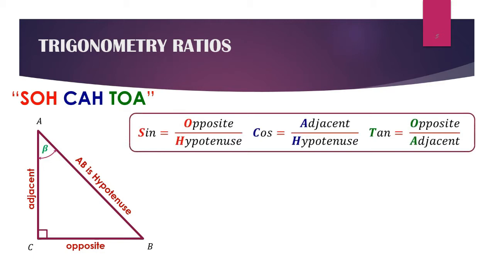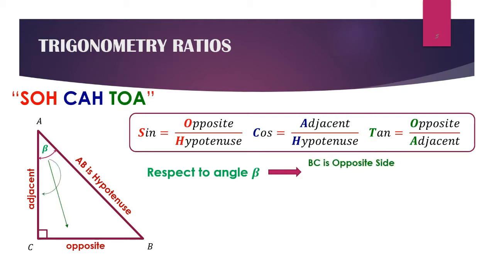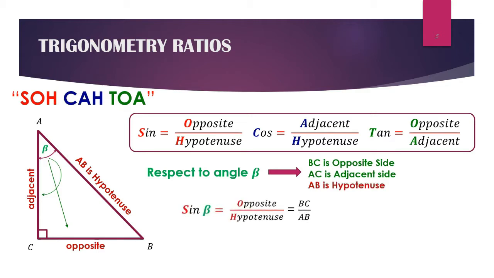With respect to angle beta, BC is opposite side, AC is adjacent side, and AB is hypotenuse. So by using the SOHCAHTOA formula, sine beta is BC over AB, cosine beta is AC over AB, and tangent beta is BC over AC. That's very clear.